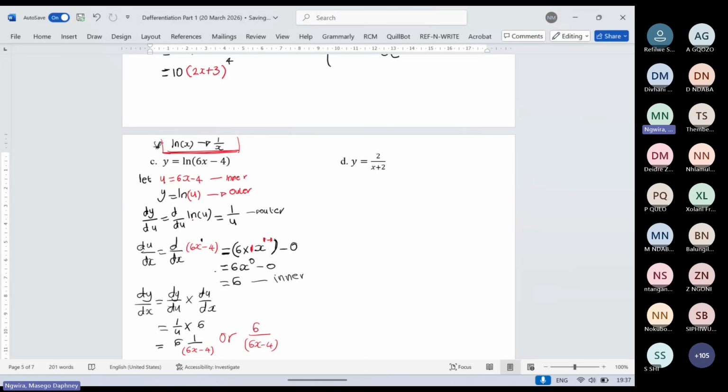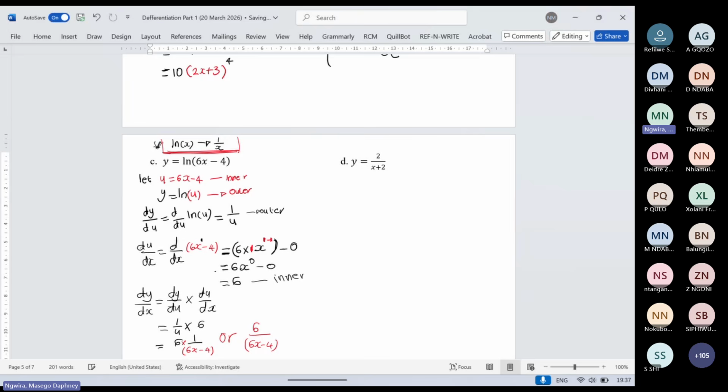So the differentiation of ln u is 1 over u. And then the rule says that the differentiation of a composite function is equal to the derivative of outer times inner. My outer, the answer is 1 over u. My inner is 6. This is times.